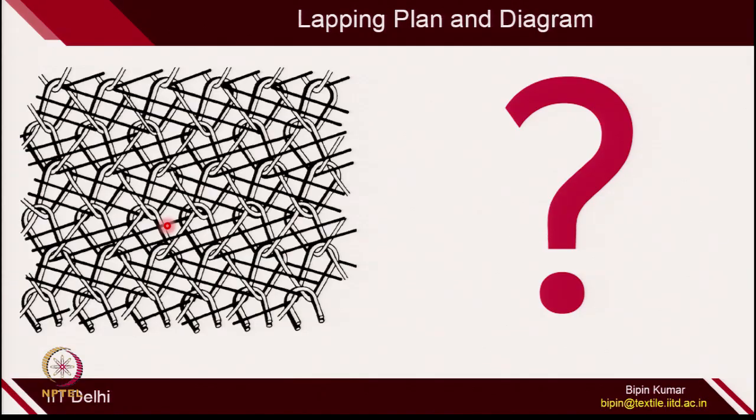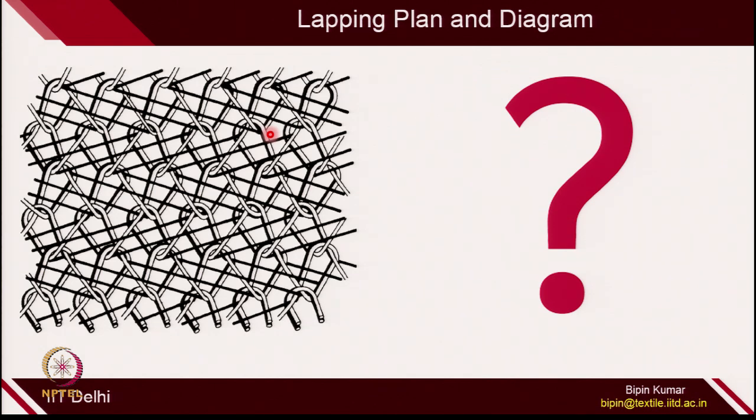So, we just needed one guide bar lapping diagram and one guide bar lapping plan, but here there are 2 guide bars, which you can see because there is a white color of yarn and black color of yarn. So, there are 2 different yarns and their movements are also different. So, they need to be represented in a different fashion.